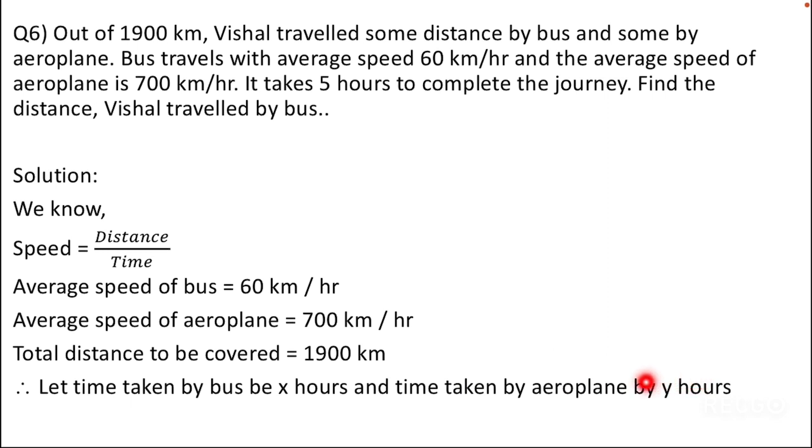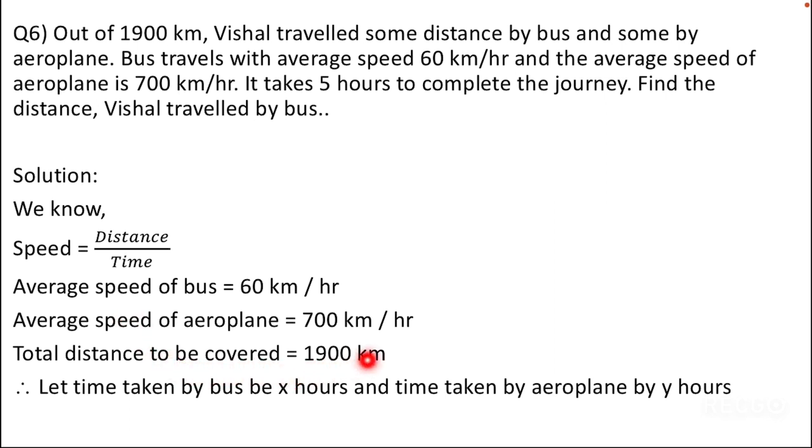You will think, why have we taken the time taken? Because we have to find the distance, and we know the average speed of the bus and aeroplane, but we do not know the time taken by the bus and aeroplane. So that is why we are taking the time taken by the bus and aeroplane to be x and y hours.